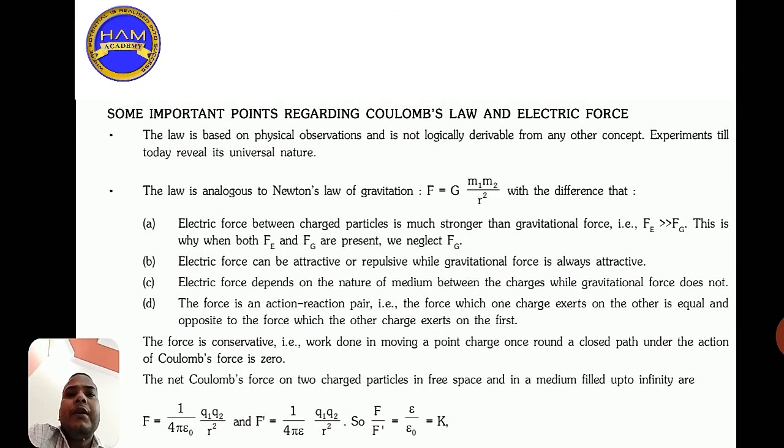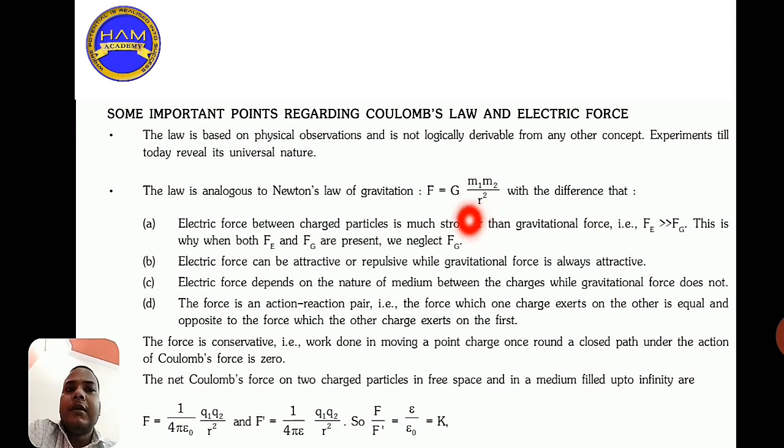Next, we will see some important points regarding Coulomb's law one by one. The first important point is that the law is based on physical observations and is not logically derivable from any other concept. Next, this law looks like the gravitational law, because we know the formula of gravitational law in class 11, F is equal to capital G m1 m2 upon r square.